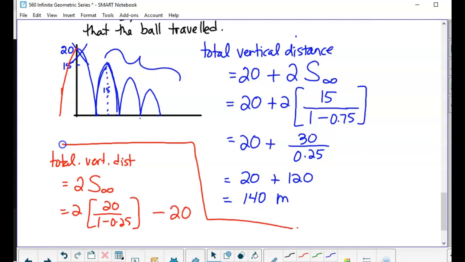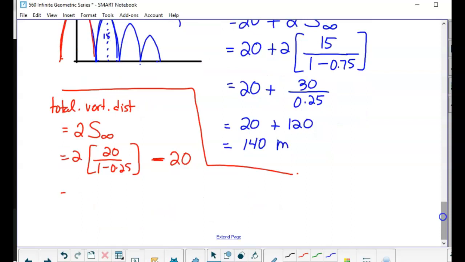By saying 2 times the sum starting with 20, you've counted both the up and the down. But that ball started at the top, it didn't start at the bottom. So you would then have to subtract 20. So if we did it this way, we get 40 over, oops, that should be 0.75, over 0.25, which is 160, minus 20, which is 140. So you can do that. You just have to make sure you subtract 20 at the end.